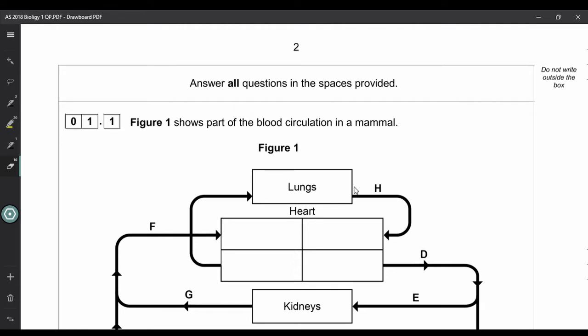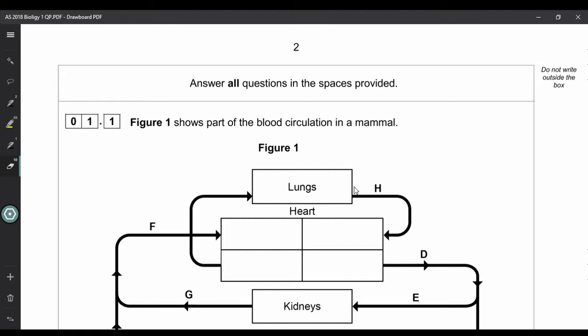Before we start, I just want to make some general comments that were in the examiner's report about this paper. The mean mark for this paper when it was sat in 2018 was just over 30 marks out of 75. The major general comments were that students found it difficult to express their ideas in clear, concise English.